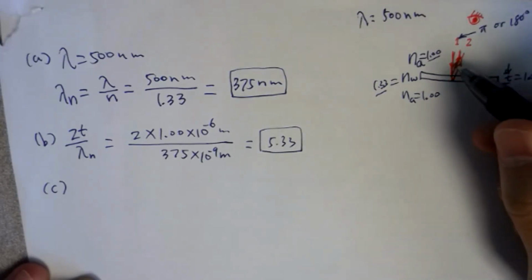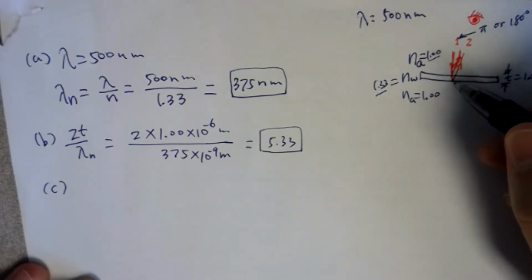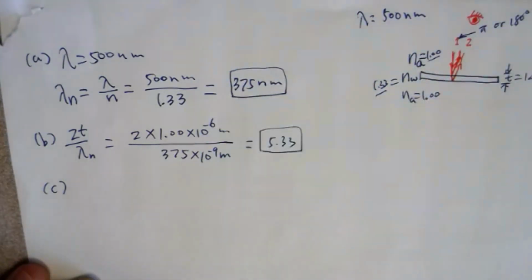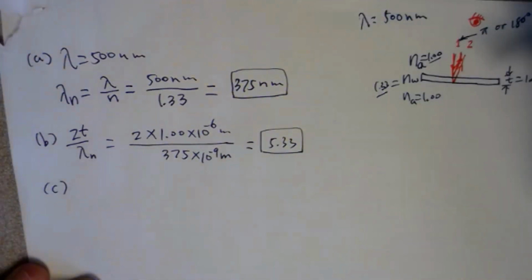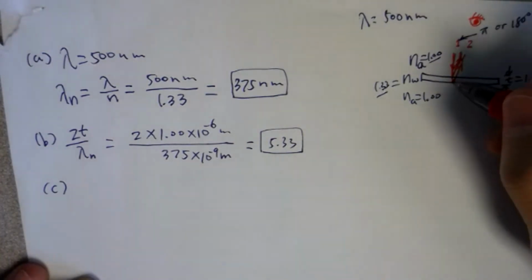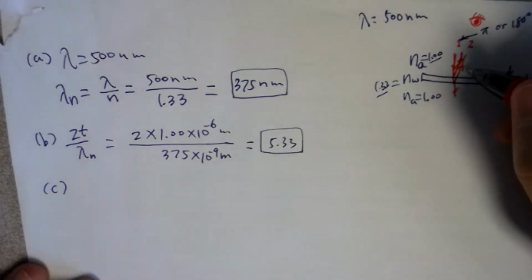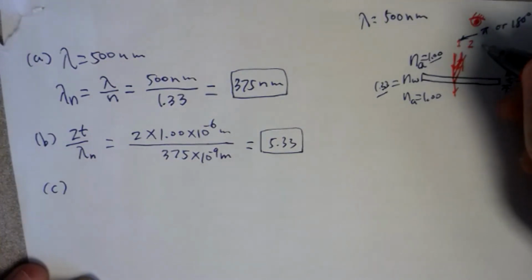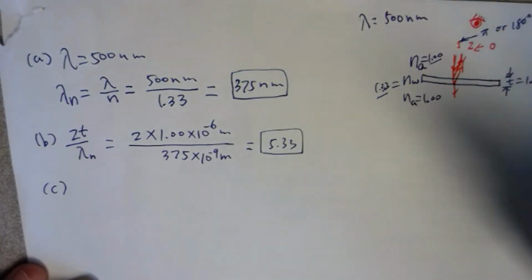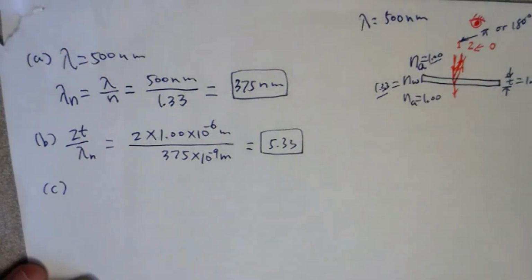Now part of it enters the water, travels, and hits the second surface. There will be a reflected ray, ray 2, and the transmitted ray goes out. Because this one goes from water to air, it does not have a phase shift. So zero phase shift, or 2 pi, or we should just say 0.